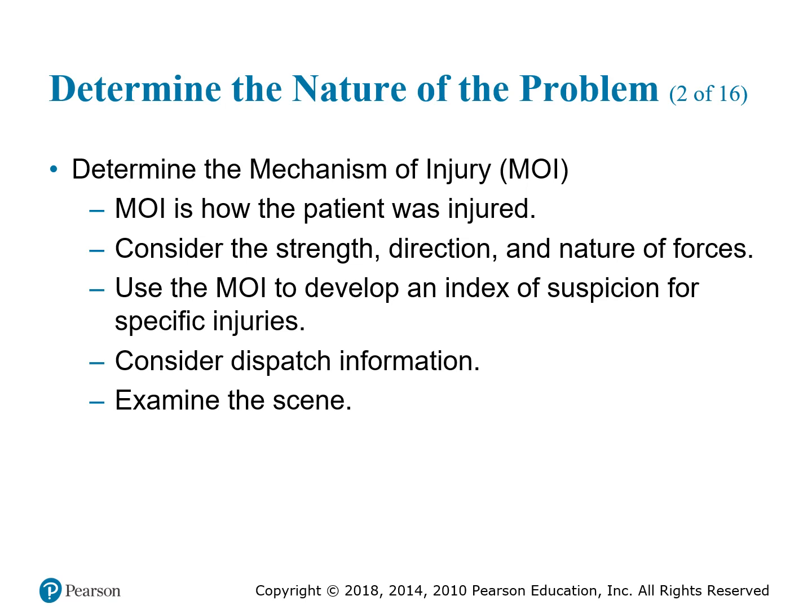Whereas with rear-end collisions, one of the common things that we could see is a whiplash injury, injuries to the cervical spine. So we can suspect, or have an index of suspicion, based off of our MOI. All right. Consider dispatch information and then ultimately examine the scene. Look at the scene.